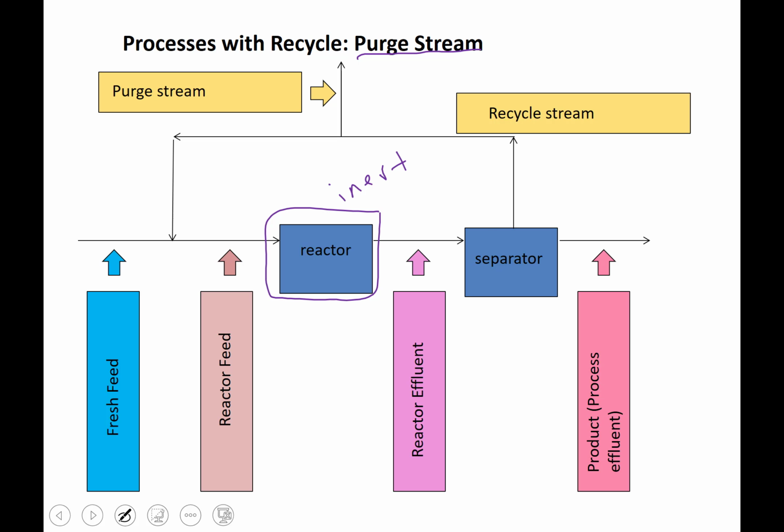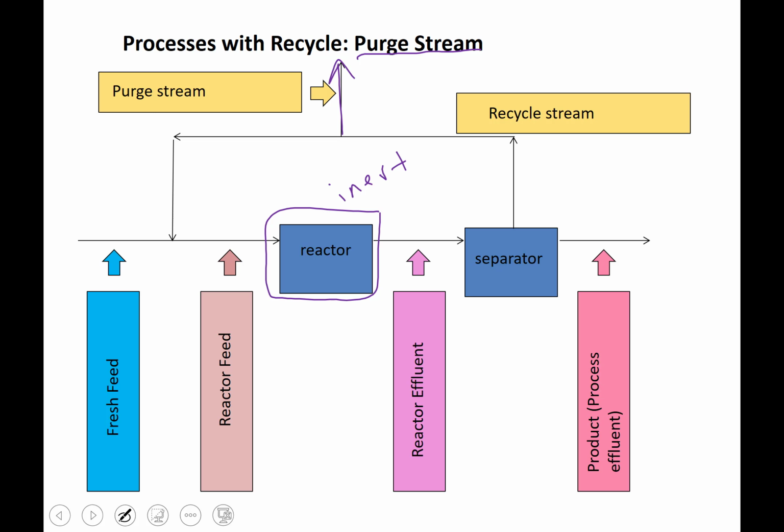And what happens when you have an inert is that if you don't have a purge stream, the inert may build up in the process and could cause a safety hazard by exploding or something else. So you have a purge stream as a way of releasing some of the gas, and that allows you to remove the inert excess from your process.